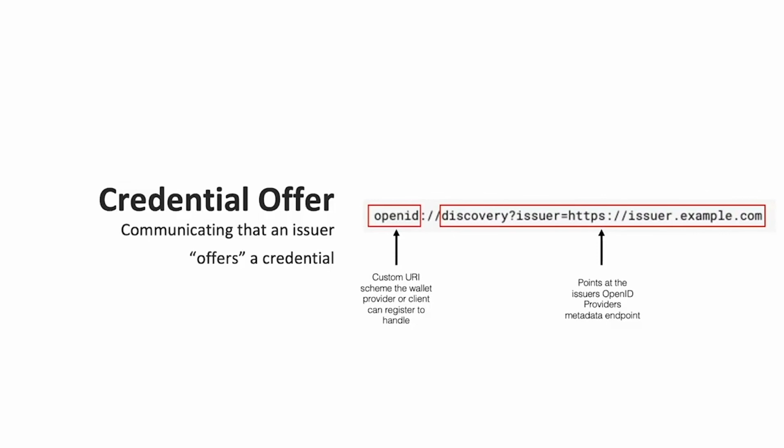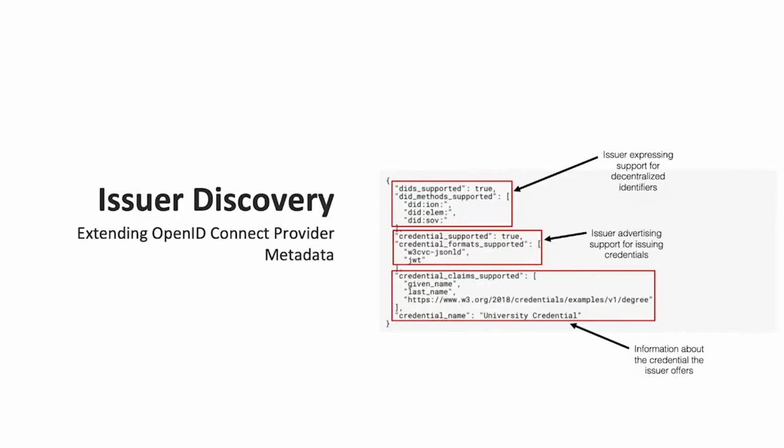We have elected to use the OpenID scheme that is used in Chapter 7 in SIOP, and the intent with this URL is that the URL itself, when clicked on in a registered client such as a wallet, will have that wallet discover the OpenID provider, going to the OpenID well-known metadata endpoint and discovering metadata such as the following elements, and using that to render a UI prior to the user then clicking on and proceeding with the credential issuance flow and receiving the credential into the wallet.